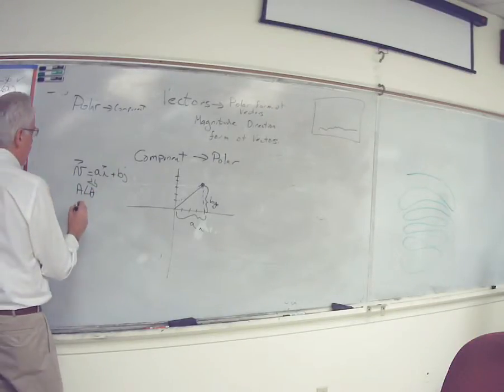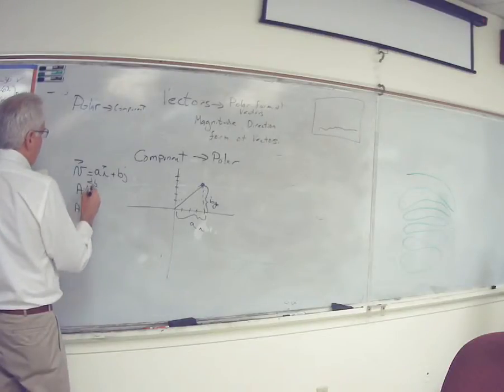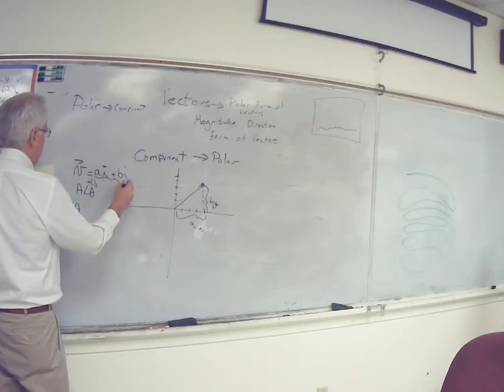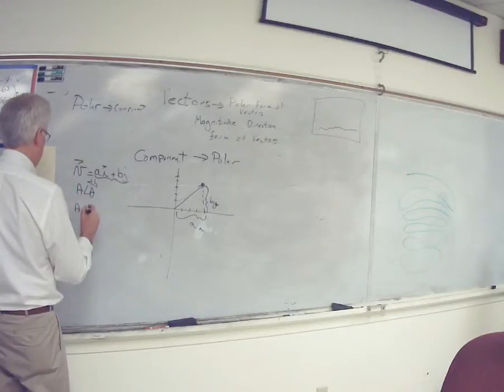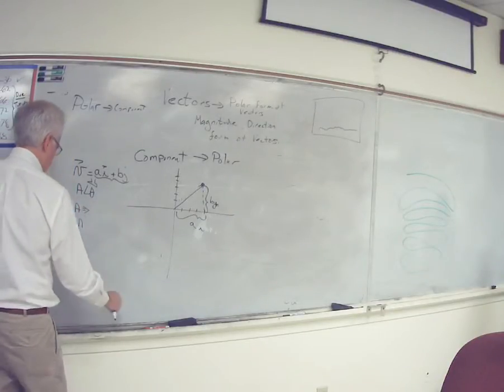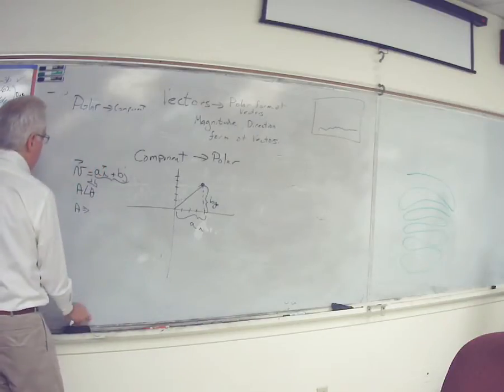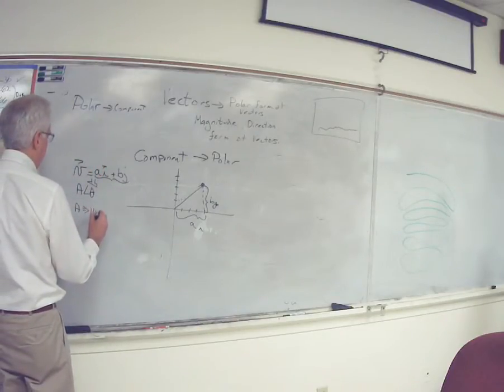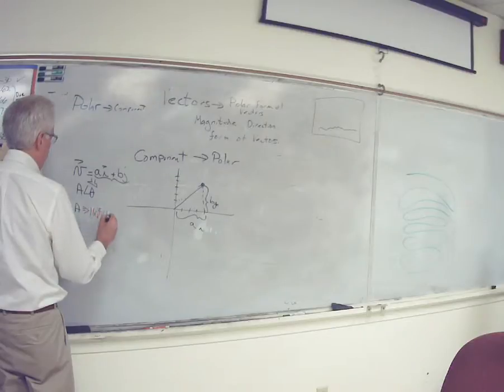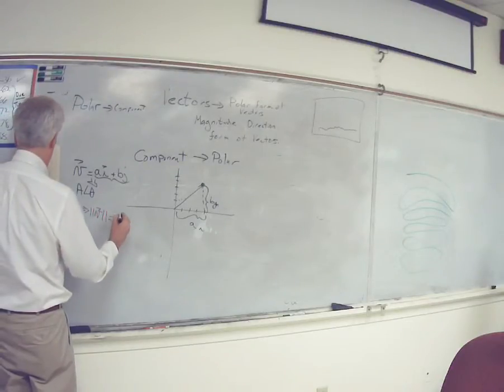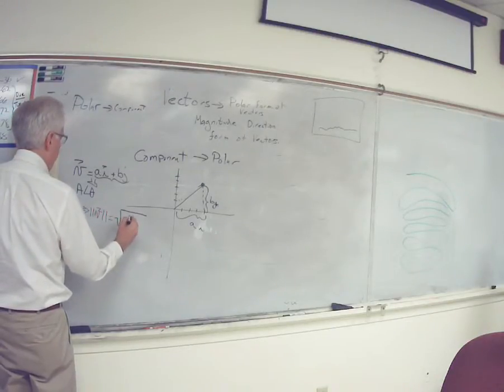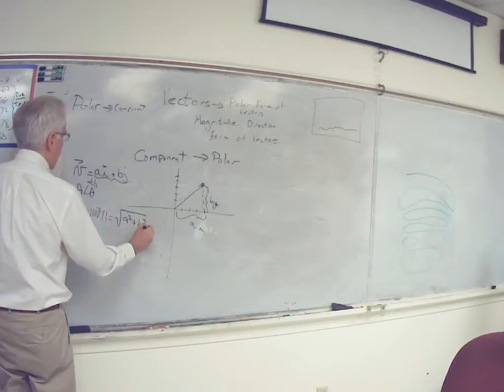Well, how do I get A? A is the magnitude. A is going to be the magnitude of V, which is equal to the square root of A squared plus B squared.